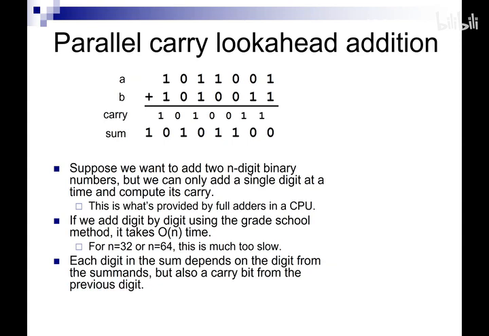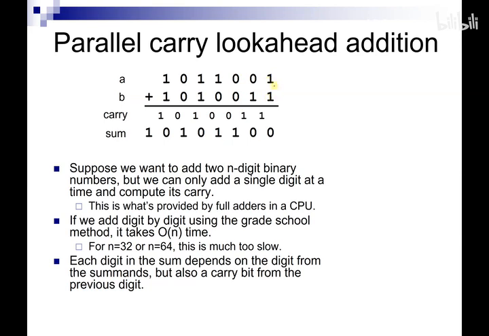But the difficulty is that after you add A and B for one digit, you could produce a carry, and this carry needs to be included in the computation for the next digit. By including that, you could generate another carry, which needs to be included in the computation for the next digit.